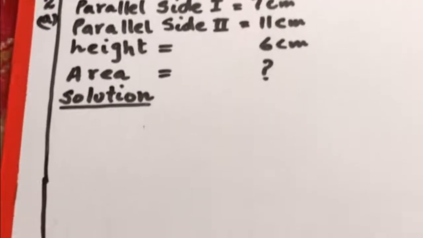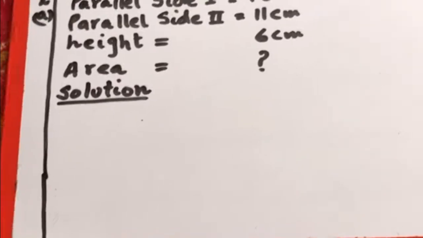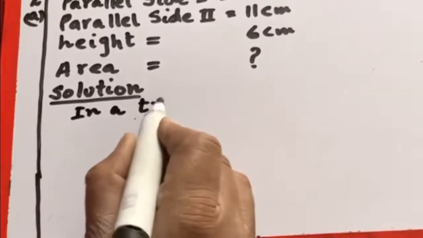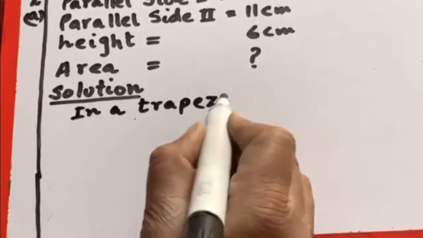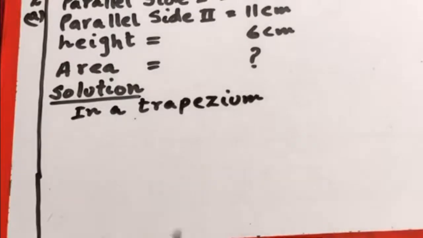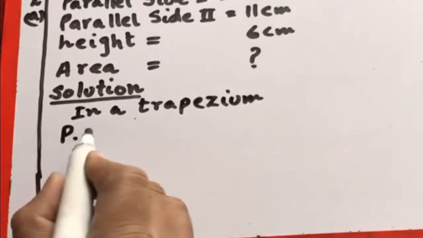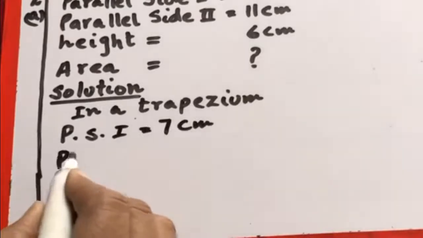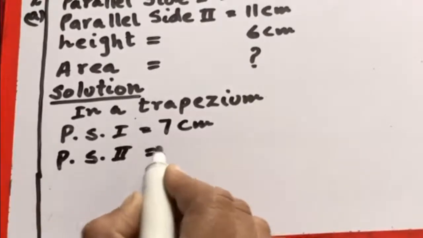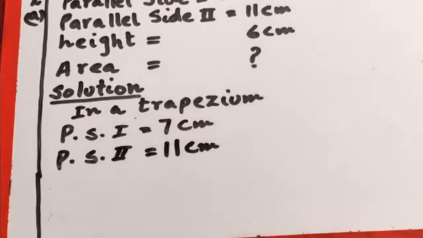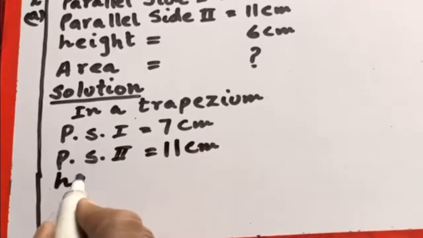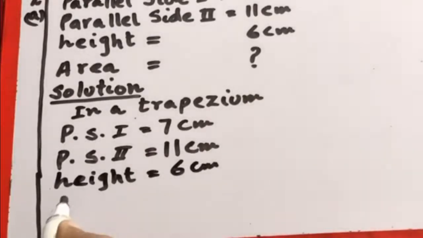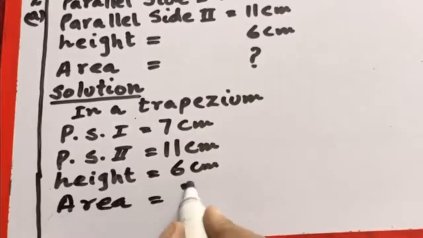So in solution, we will write that in a trapezium, parallel side 1 is 7 centimeter, parallel side 2 is 11 centimeter, and the height is 6 centimeter, and we have to find the area.